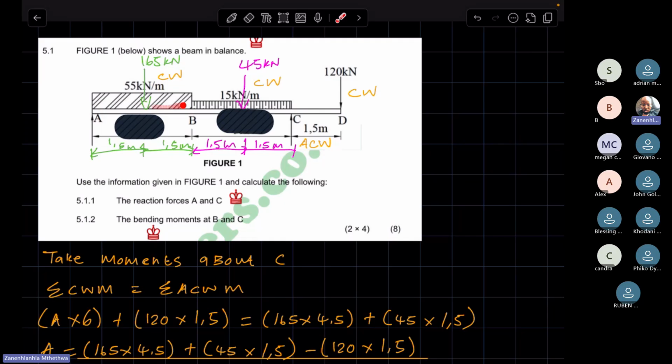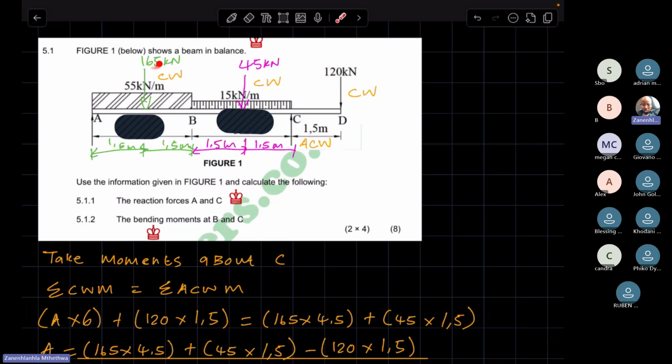Now, because of the UDL, seeing that the point B is such that we have to consider the entire span of the UDL, it means when resolving the UDL into its weight, we are going to use the entire span of the UDL, which if we do, we already know we are going to get the 165. So you use the 165 exactly as it is.